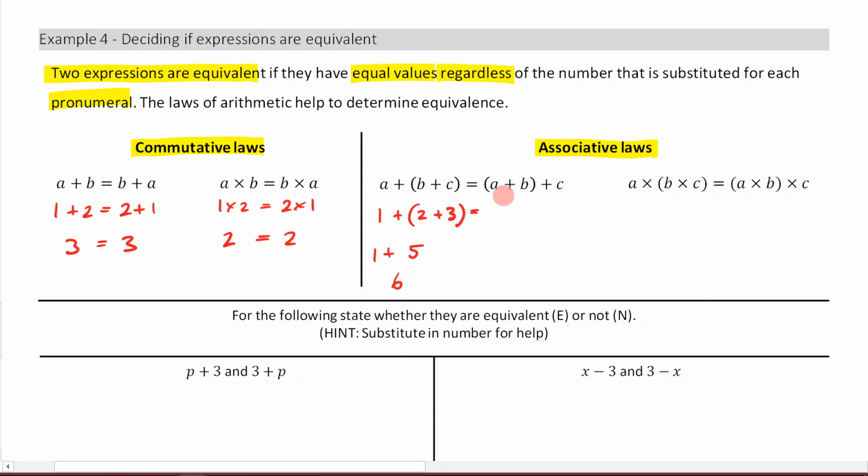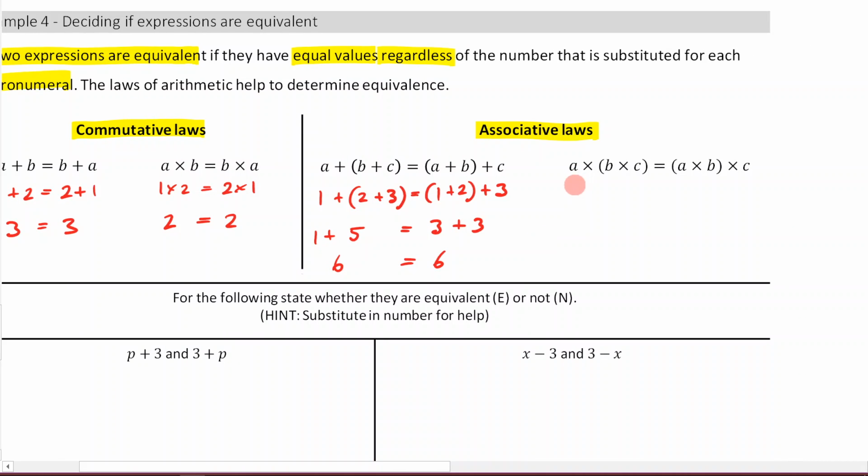If I was to now put in the same values, so a again is going to be equal to 1, b is going to be equal to 2, and c is going to be equal to 3, I'm going to get 1 plus 2 is 3, plus 3, 3 plus 3 is 6. And as you can see, 6 equals 6. So even though I've associated these together, and over here I've associated these together, it does not matter. I still get the same answer out, and this is something true for addition.